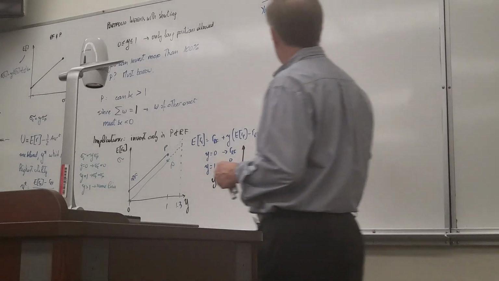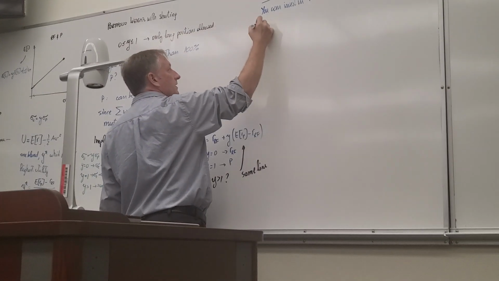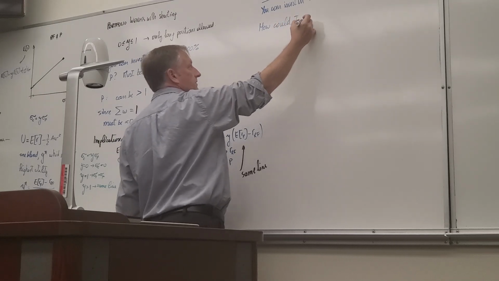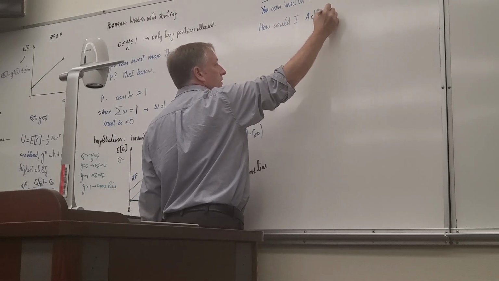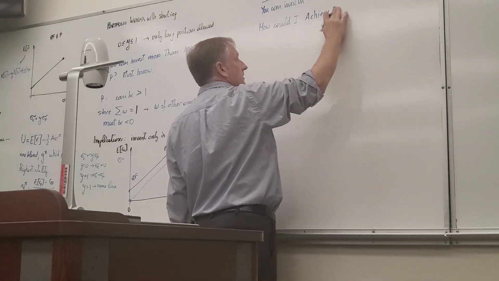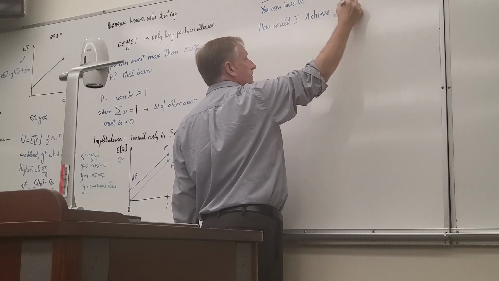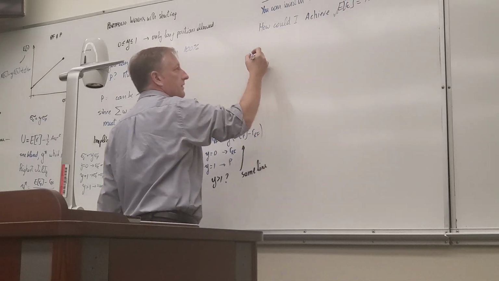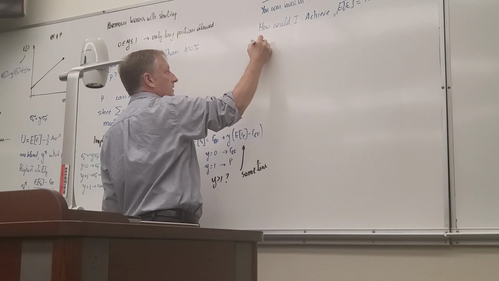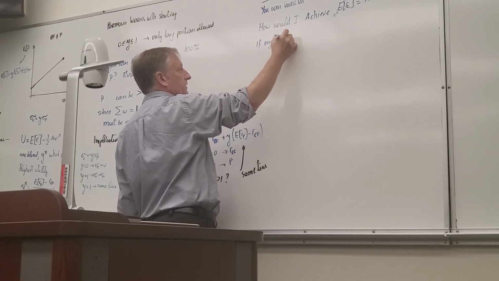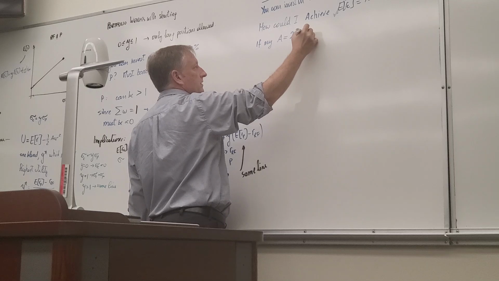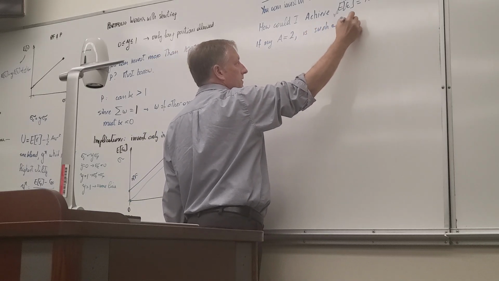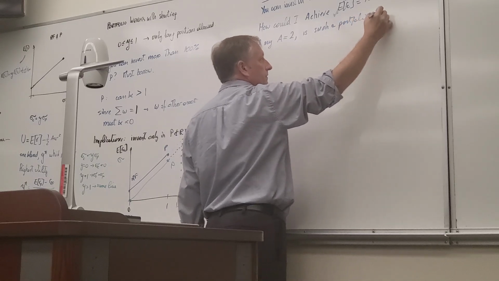The question is, how could I achieve an expected return of C of 13%? If my coefficient of risk aversion is 2, is such a portfolio optimal?